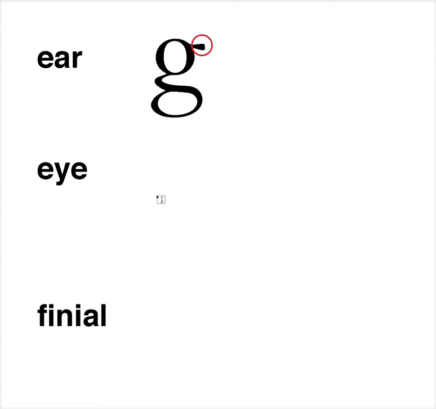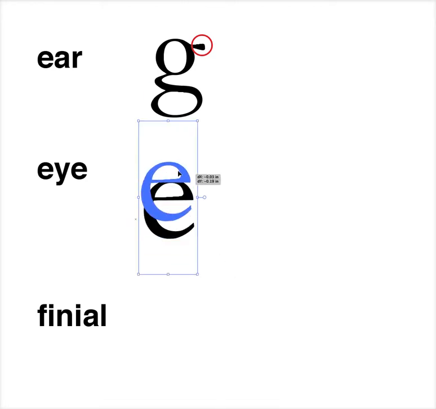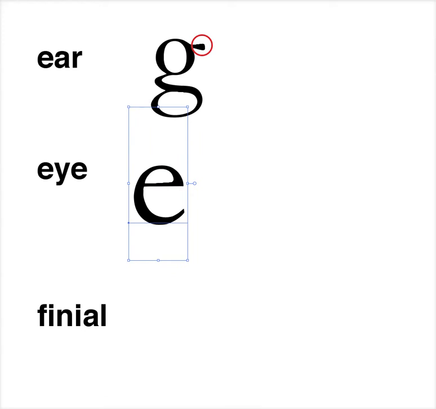The eye is an easy one to identify and actually exists in all the classifications of the typeface because it's a part of the actual e, and it is the space inside that we would sometimes consider a closed counter space, but a lot of people also identify it as the eye of the e.